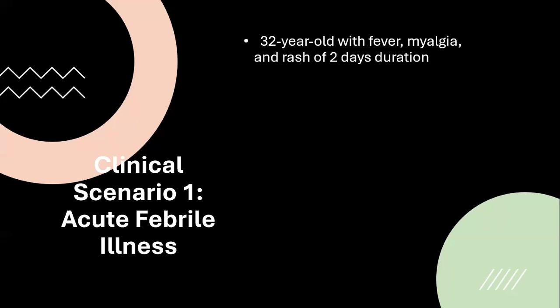Then I would like to manage the patient with paracetamol and basic drugs. If the patient is having vomiting, I'll give domperidone 10 milligram TDS, and if the patient has GORD symptoms, I would like to give some PPI.